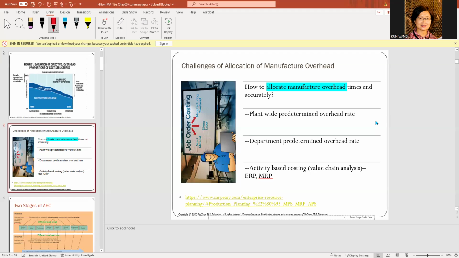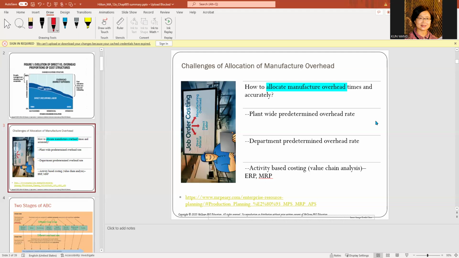So in that case, we allow the managerial accounting system to have flexibility. Each main department of operation can choose its own overhead driver. I may choose the direct labor hour, or other departments can choose the machine hours, or choose their own. So one company can have multiple departmental predetermined overhead rates.